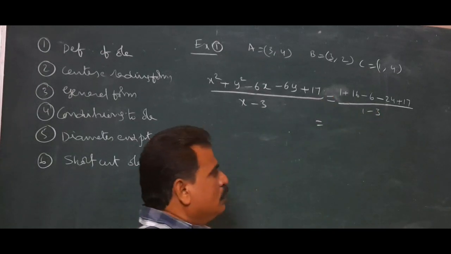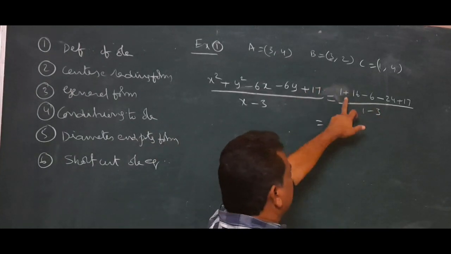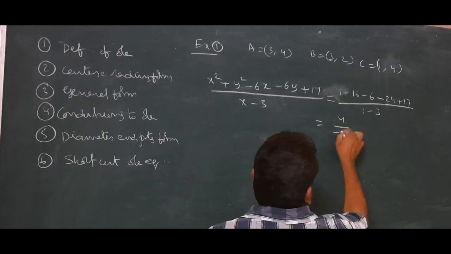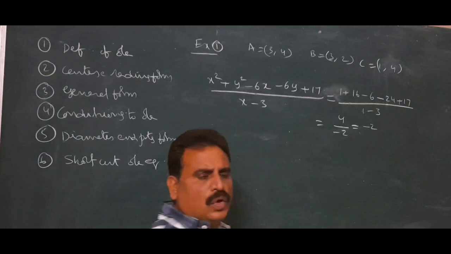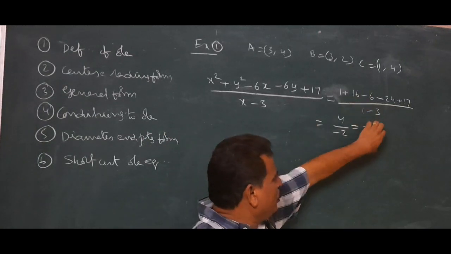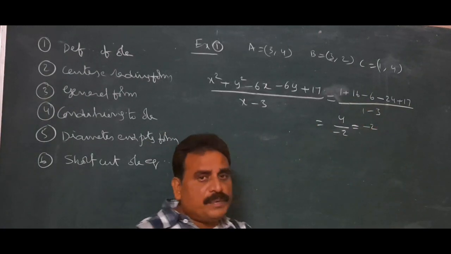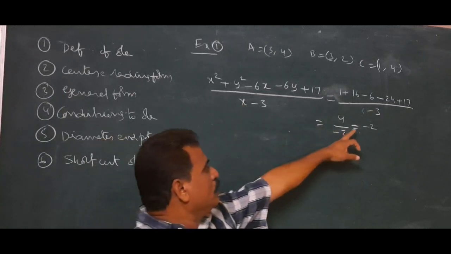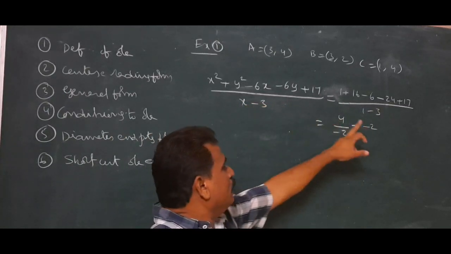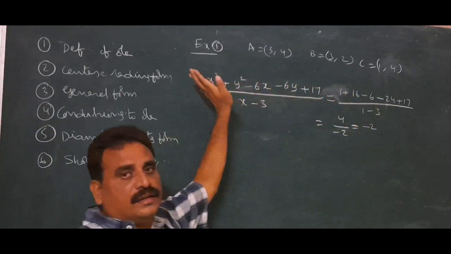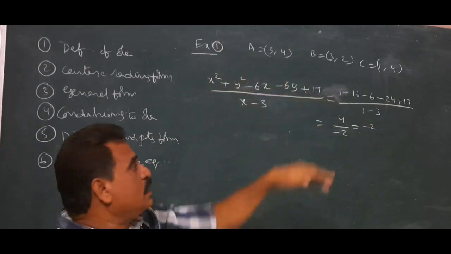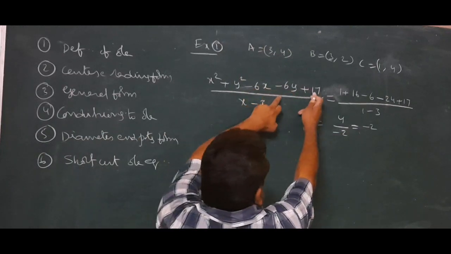Simplifying this, we get 4 by minus 2, that equals minus 2. So, after simplifying this part, finally we get one constant, minus 2. Keep that in your mind, and cross multiplication. Here, x minus 3, cross multiplication, minus 2x plus 6. Take this side, plus 2x minus 6.